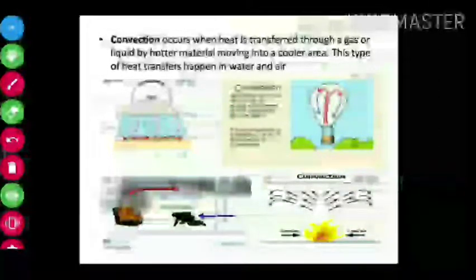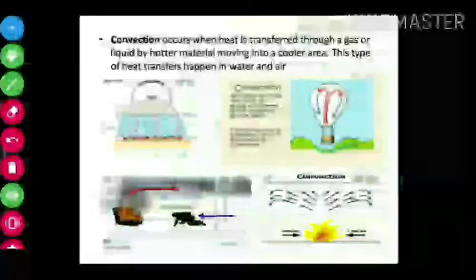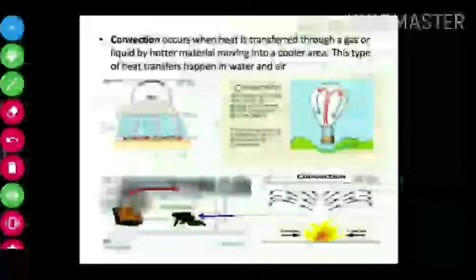So look at here. You have seen the hot air balloon. How did those hot air balloons used to move? This air balloon, look at here, as the hot air rises, they used to burn, they used to warm the air.